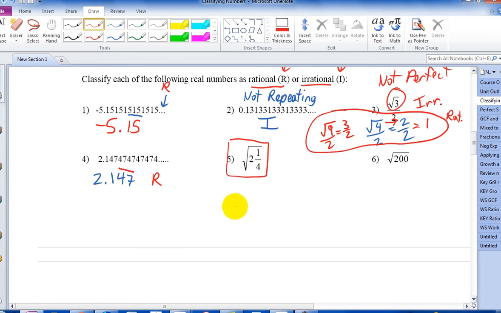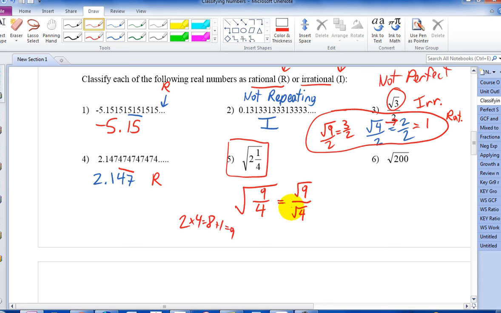First of all, change it to this. What would go on top if I want to convert that to an improper fraction? 9, yeah. 2 times 4 equals 8, plus the 1 that's there, so that equals 9. Now remember from last year, your teacher should have talked about this. That's the same as square root of 9 over square root of 4.